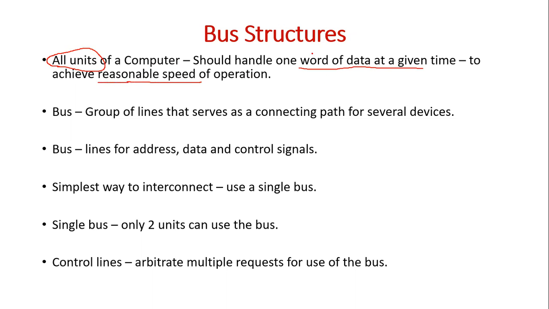So what is meant by a word? We have already discussed this in one of the previous classes. There is no fixed size for the word. The word size varies from computer to computer. In some computers, the word size may be 32 bits.